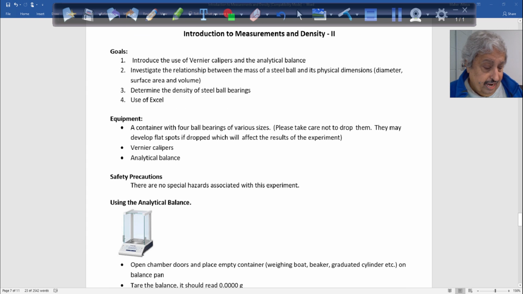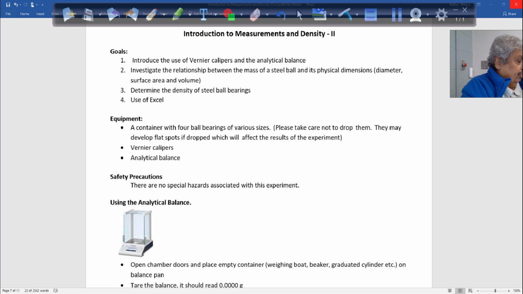Now the last one here. We have to measure all those 4 different sizes. Different sizes means different what? Masses.